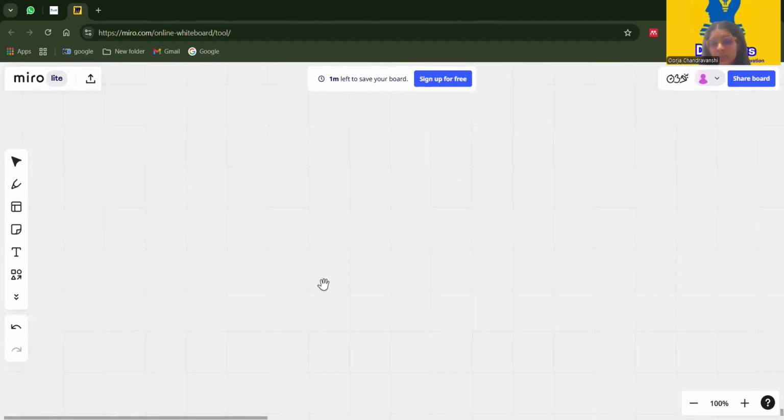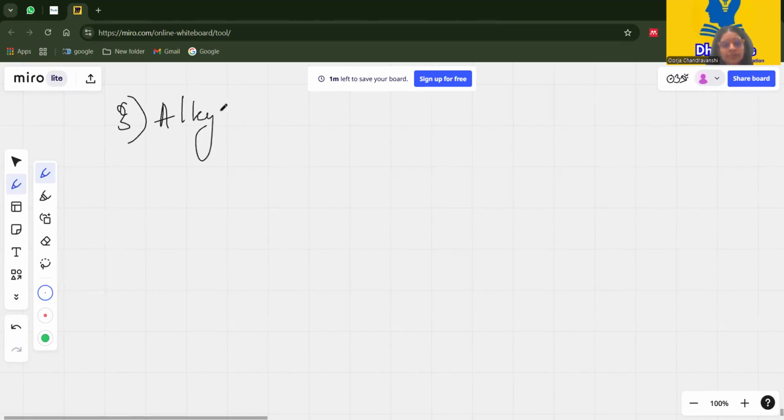So my alkynes also react in a similar manner, like I already said. We'll have a look at each of these. With alkynes, what do I get? First is my reaction here with HX.